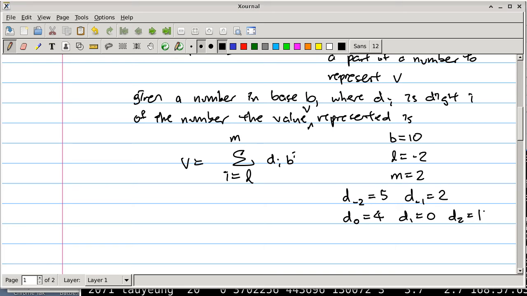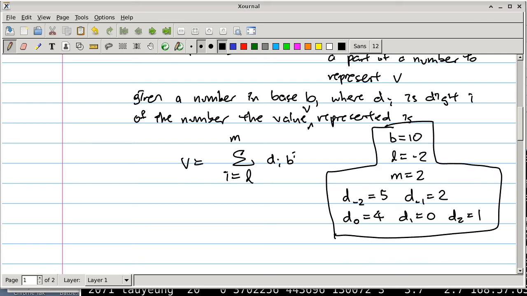Okay. So all of these things here are really here just to give you an example. So I'm basically saying, assuming we're dealing with base 10, the least significant digit is 2 places to the right-hand side of the decimal point. The most significant digit is 2 places to the left of the decimal point.